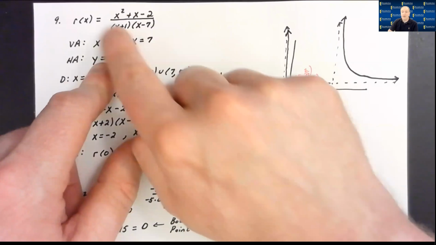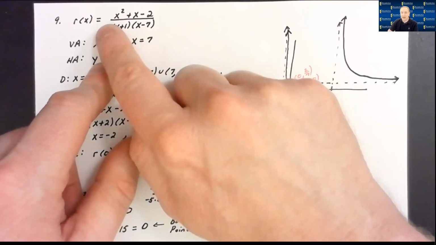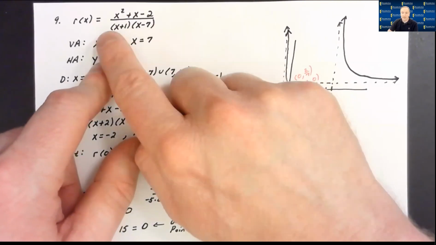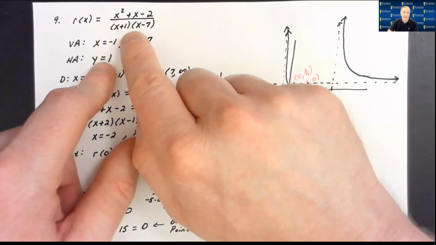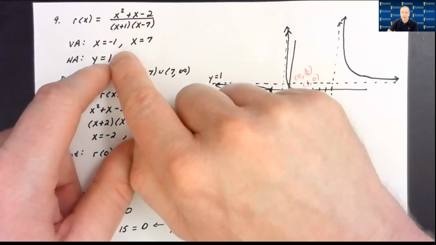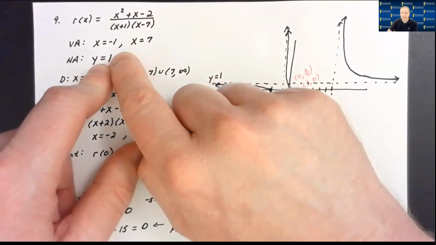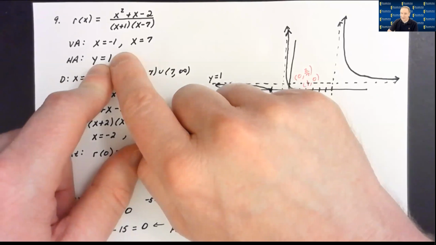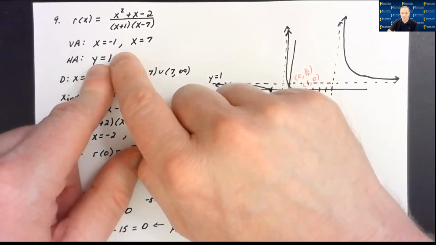If you multiplied the denominator out, it'd be x squared minus 6x minus 7. But it's x squared over x squared. For the leading terms, I just take the fraction of those leading coefficients. I know that this is going to have a horizontal asymptote of 1.